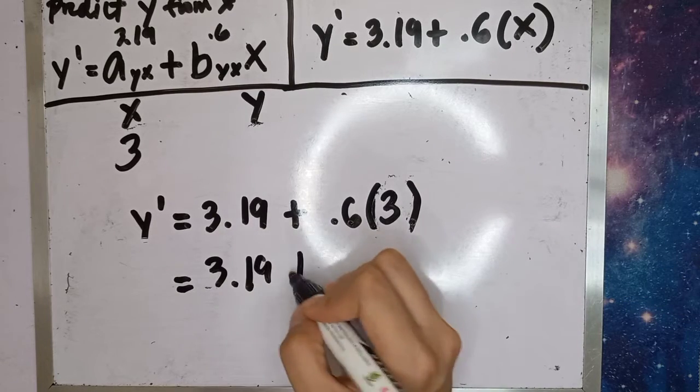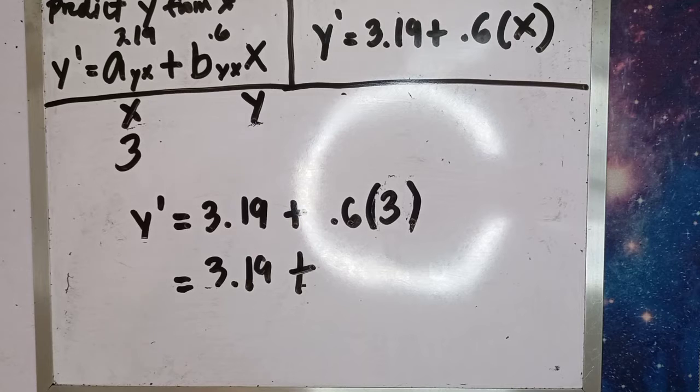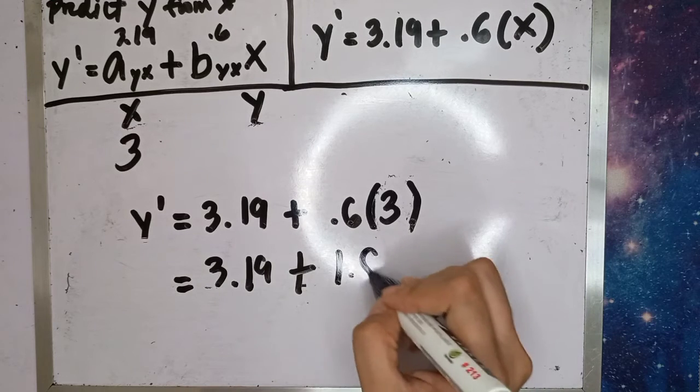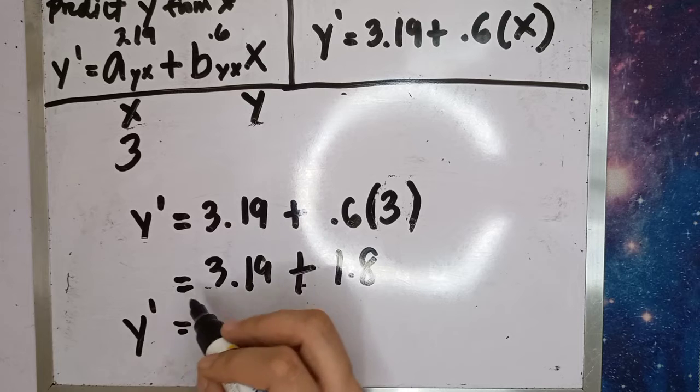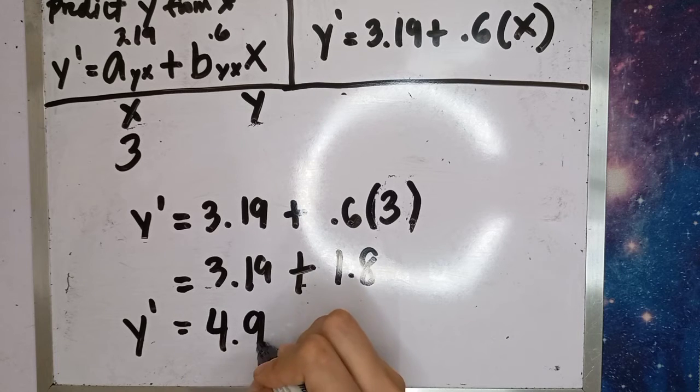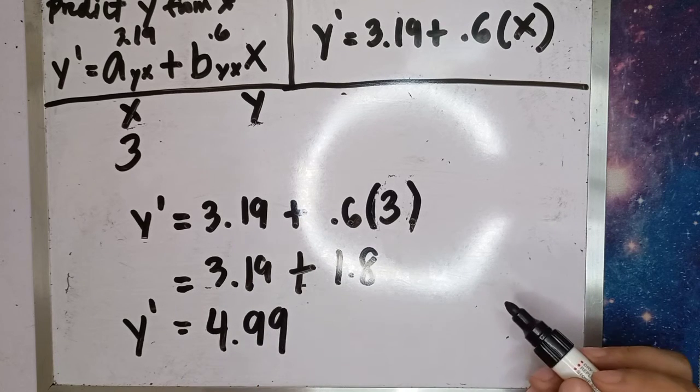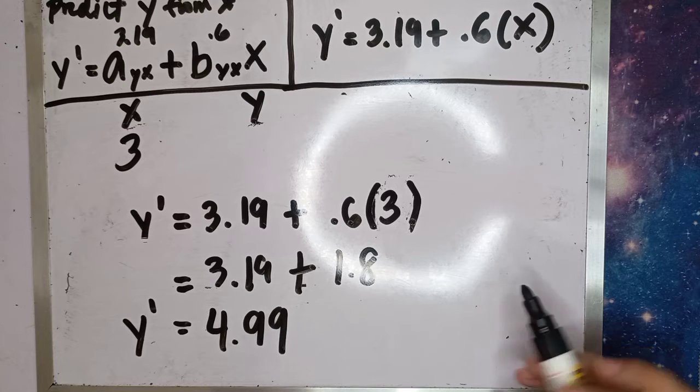So, 3.19, ano ang lalabas? I-multiply ninyo yung 0.6 sa 3, ang lalabas ay 1.8. Pag in-add nyo yan, ang lalabas ay 4.99.